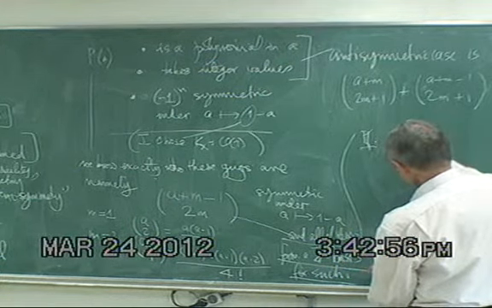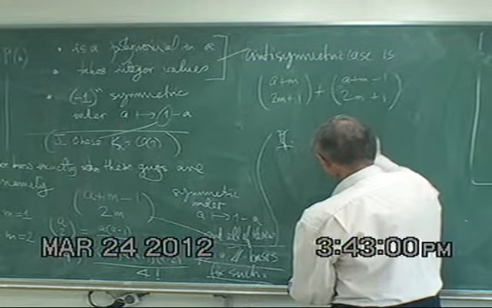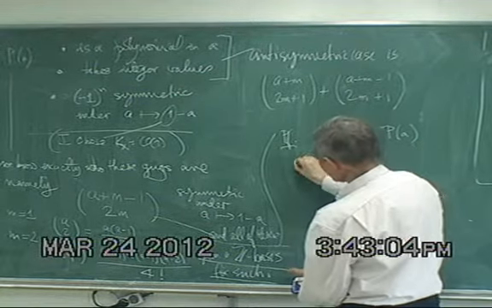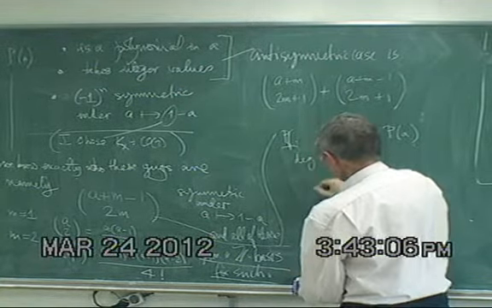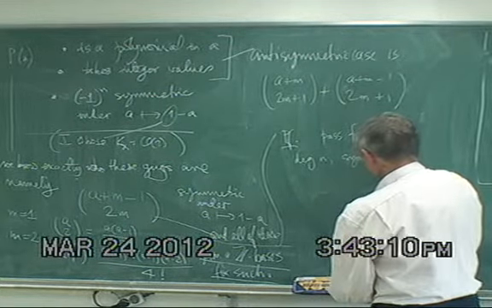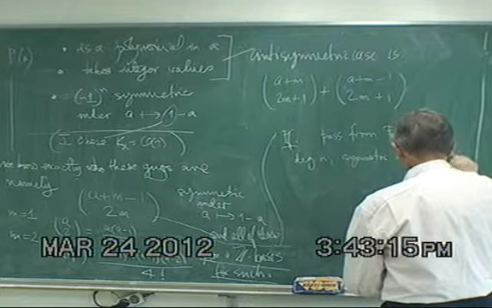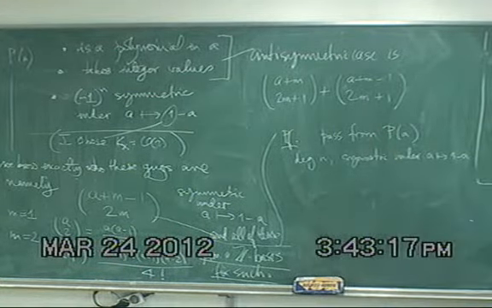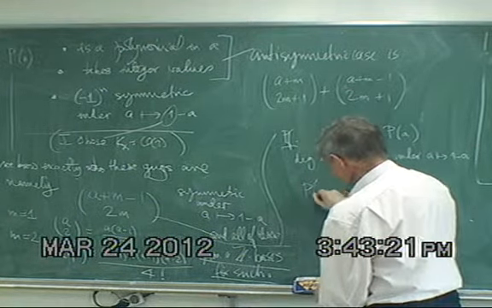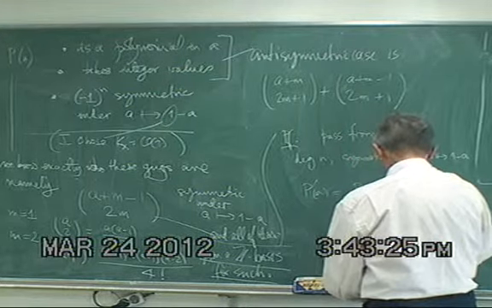So I'm saying pass from P of A, supposed to be of degree n and symmetric under A goes to 1 minus A. I just do the same trick: write down P primed of A to be P of A minus P of A minus 1.